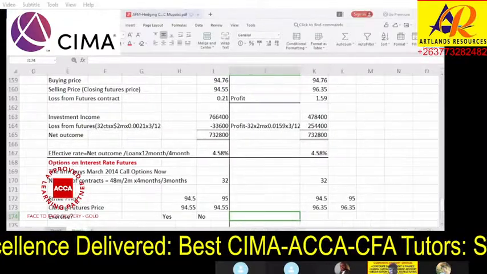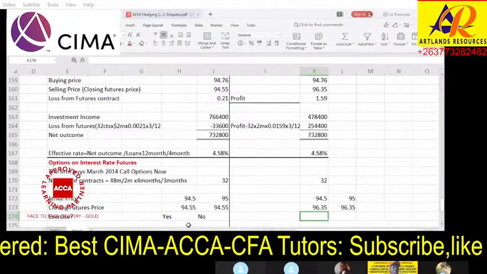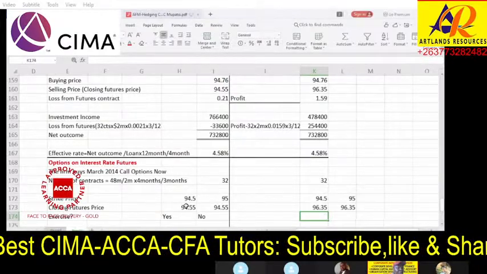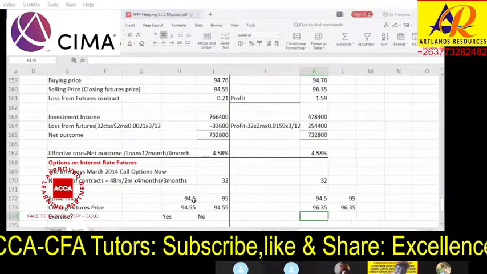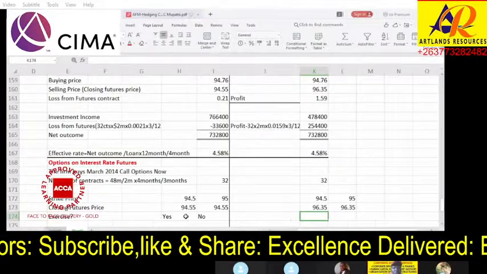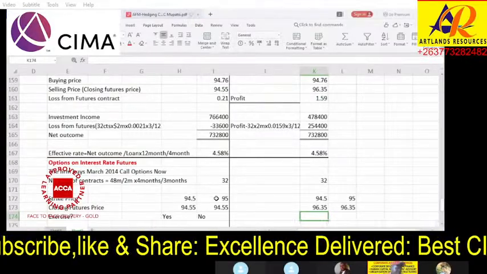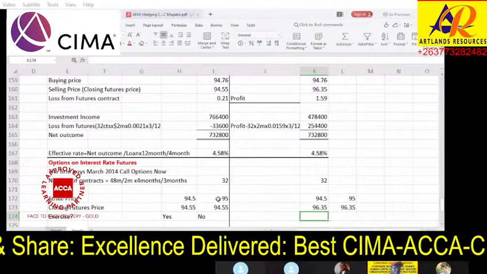The same approach here, I am a lender, so I buy. Now, if you were a borrower, you ask yourself the same question. I am a borrower, so I sell. Can I sell at this or at this? You would not exercise here, but here you would exercise because you sell at 95, which is a higher price, which is the option.